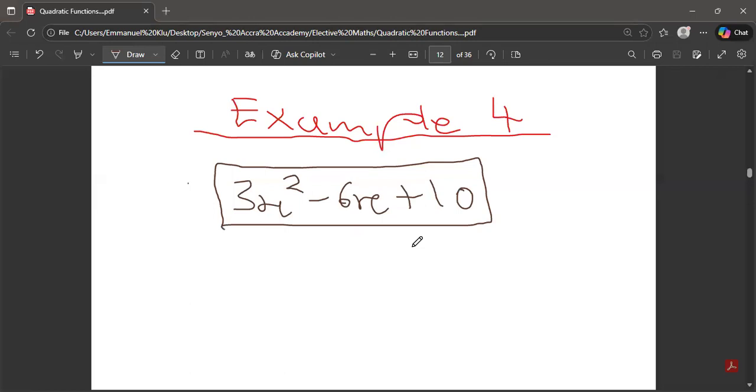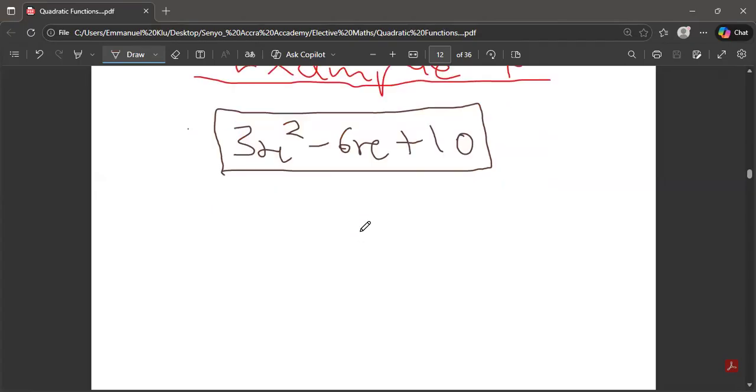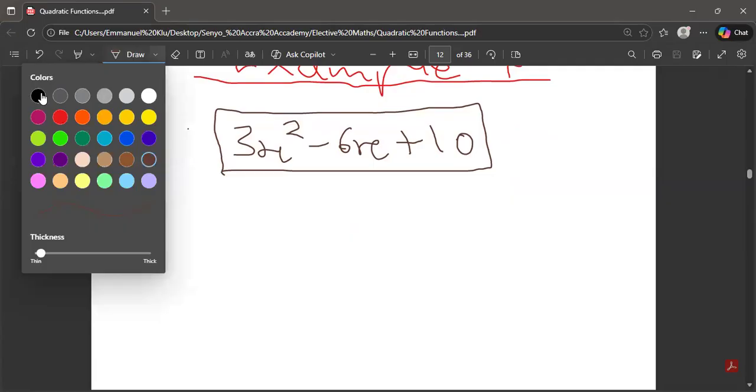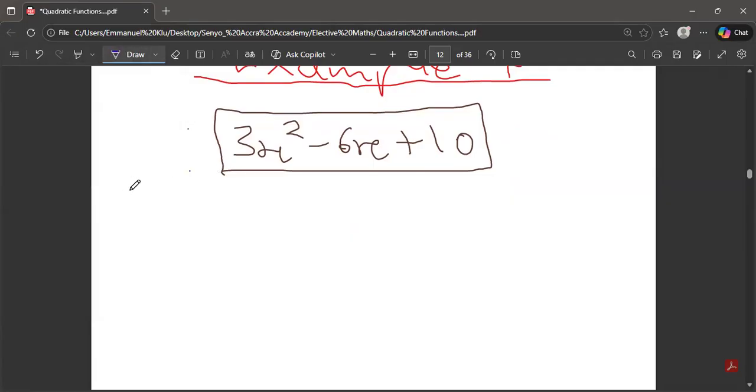So that when the coefficient is positive, it will be a minimum value, but when the coefficient is negative, it will be a maximum value.